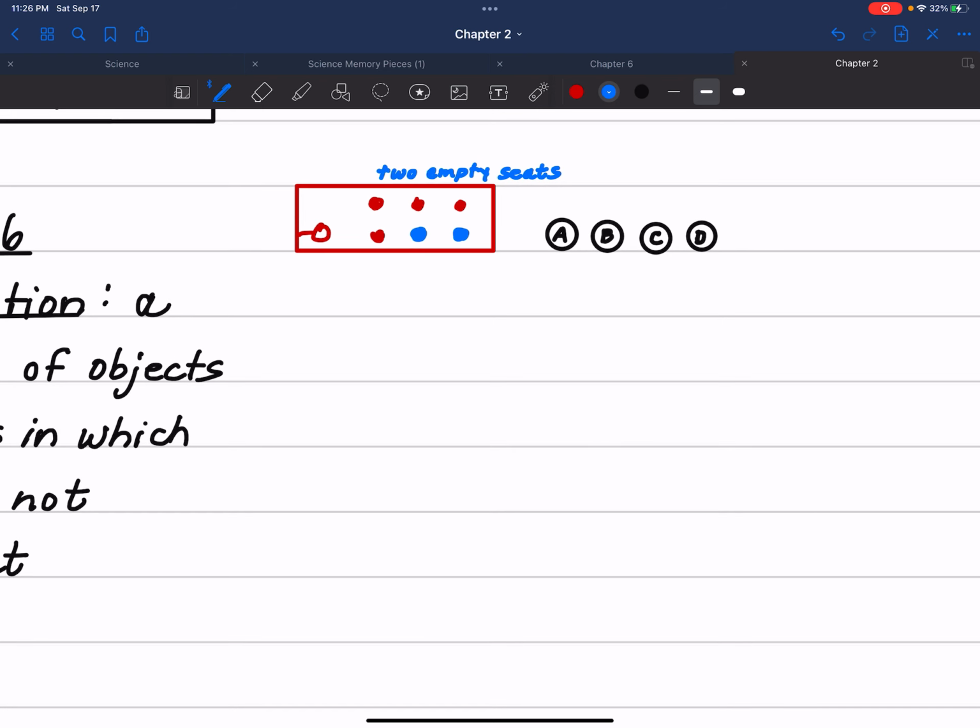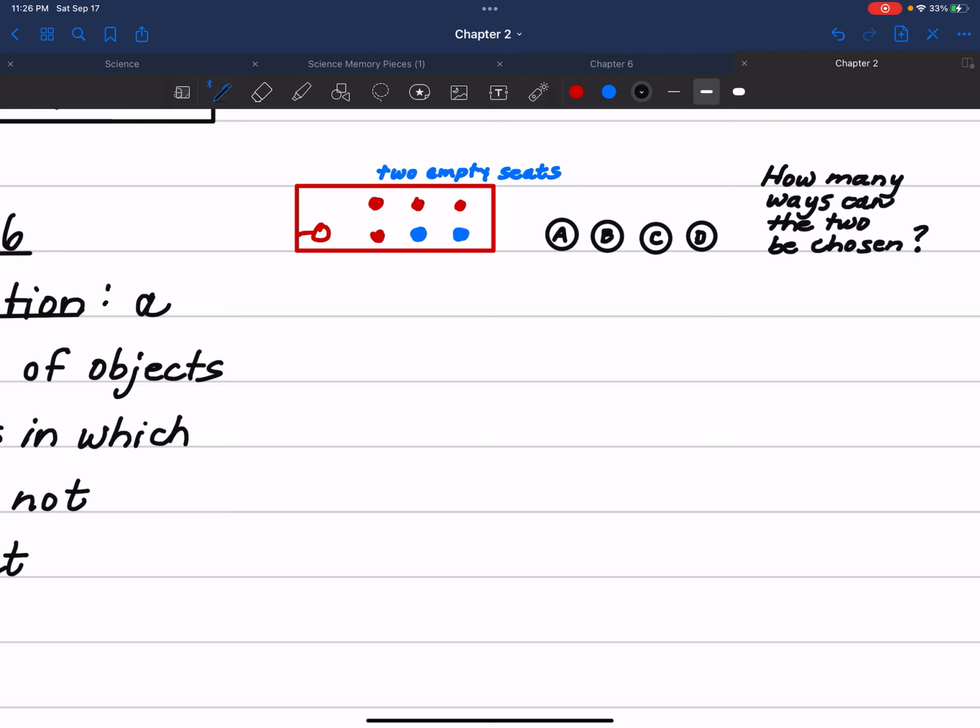The question that we're trying to answer is how many ways can the 2 passengers be chosen? I've already done some of that.